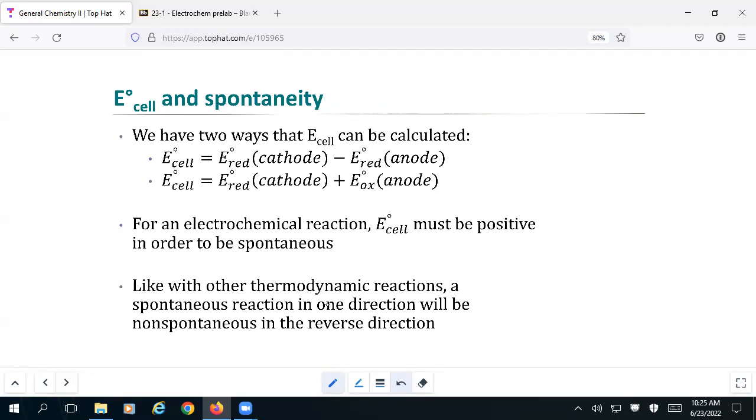So let's take our lab this afternoon, for example. You make the cells, you hook up the electrodes, you do everything you're supposed to, and the voltage you read is negative. What does that tell you ultimately? It tells you that you got your leads crossed. The thing you identified as the cathode, just maybe by pure guessing, was actually the anode.